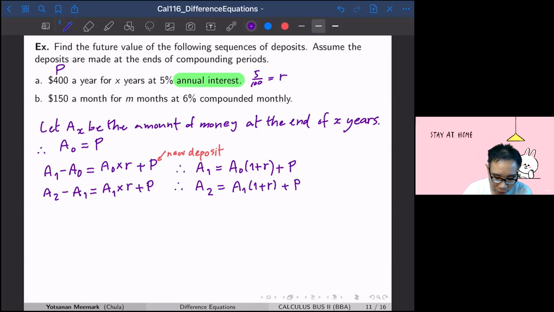So you do this, and you get AX plus 1 minus AX.